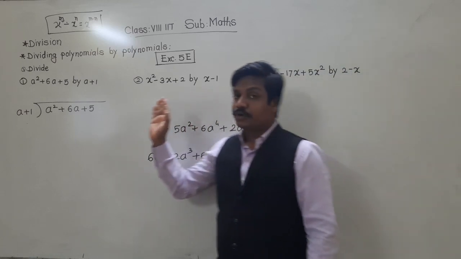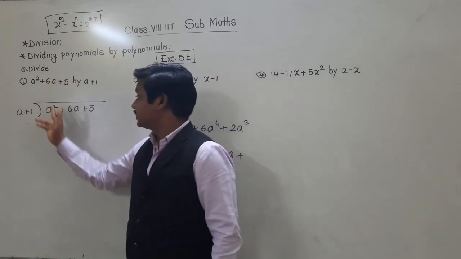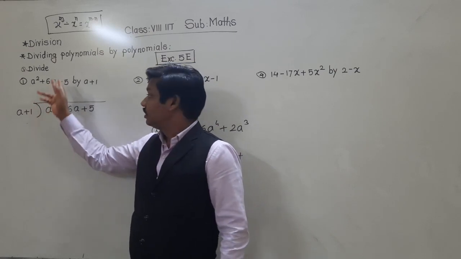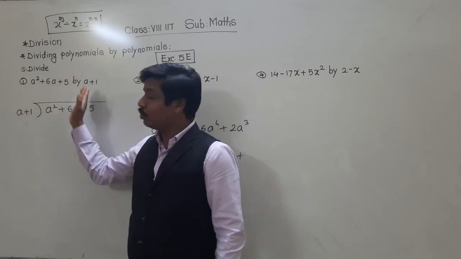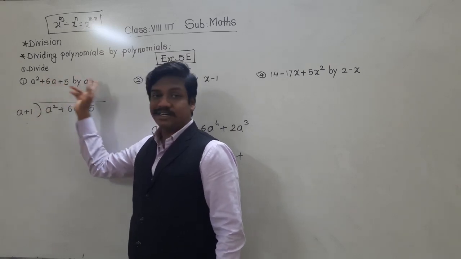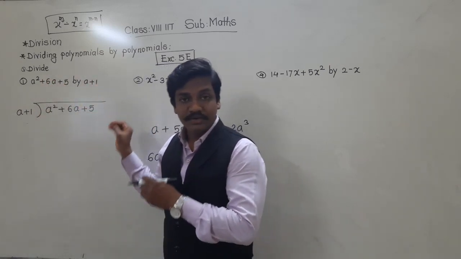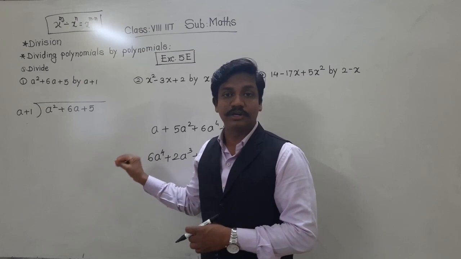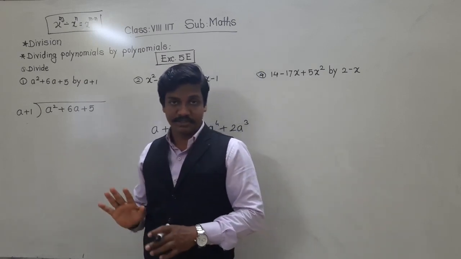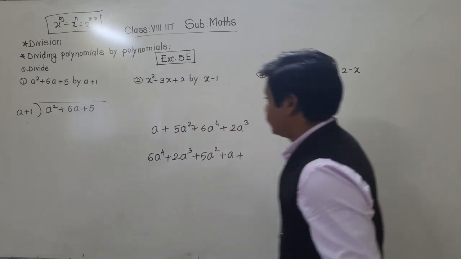So the first step is, while arranging for the division, both the dividend and divisor we have to write in the descending order of the exponents of variables. Understood?